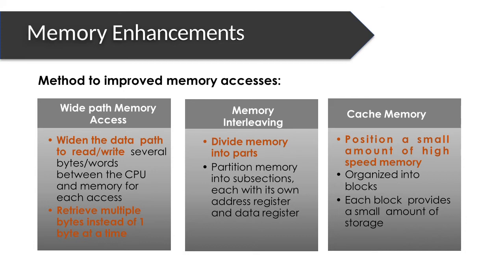Those parts have their own registers, which are the address register or MAR, memory address register, and also the data register or MDR, memory data register. And lastly, the cache memory works by positioning a small amount of high-speed memory between the CPU and the memory. That small high-speed memory is organized into blocks, and each block provides a small amount of storage.